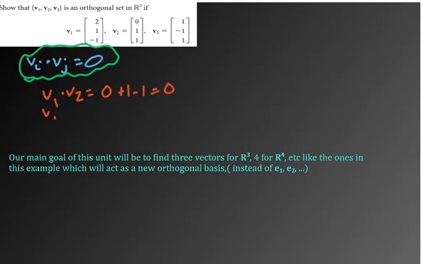Then v1 and v3, and we would get 2 minus 1 minus 1, which is 0. And then v2 dotted with v3 is 0 minus 1 plus 1. So that literally shows it: any arbitrary vector in this set, if you dot product with another one, you get 0.